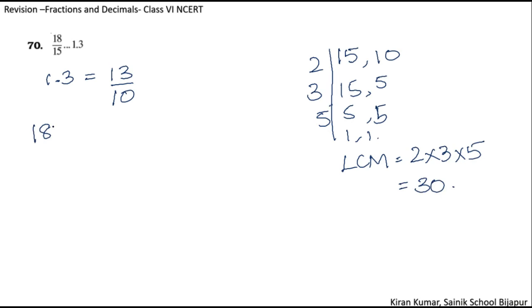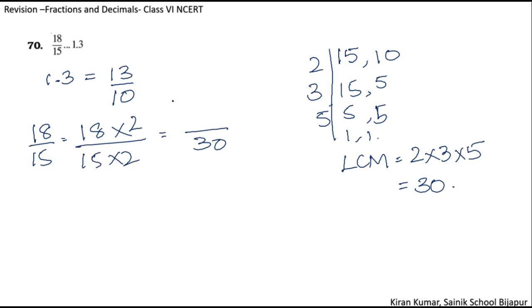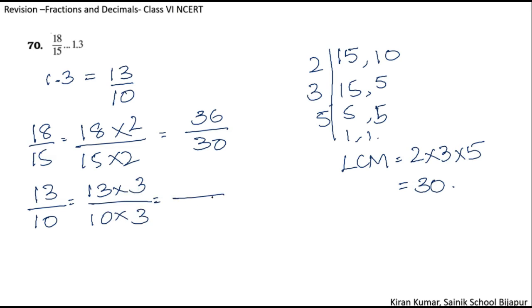So 18 by 15 I would like to convert by multiplying the denominator and the numerator by 2. We get 36 by 30. Now 13 by 10. So 13 and 10 are to be multiplied by 3. Then the denominator becomes 30, the numerator will be 39.